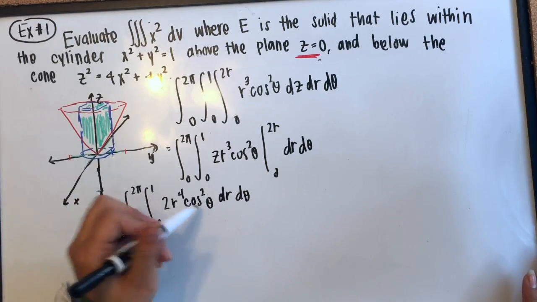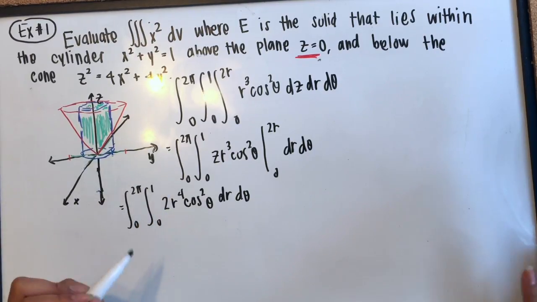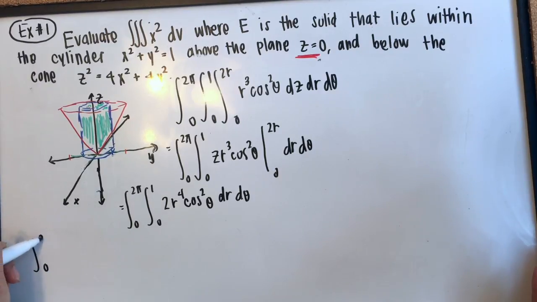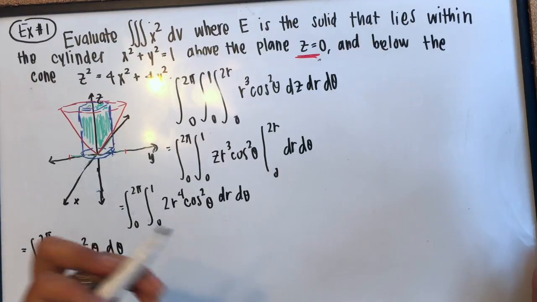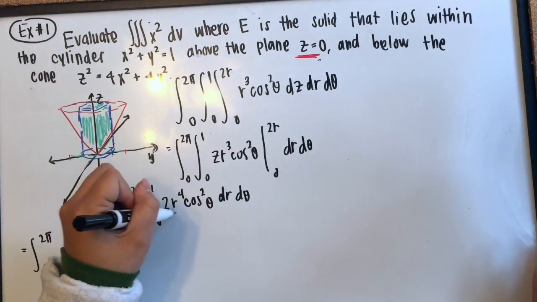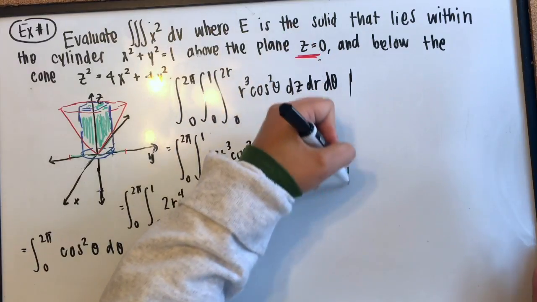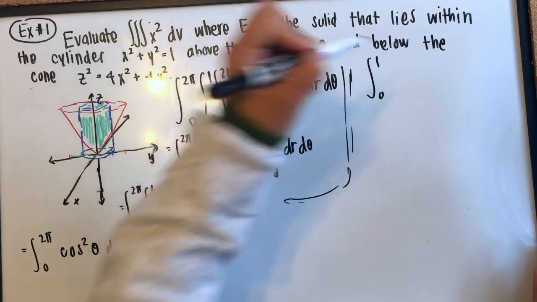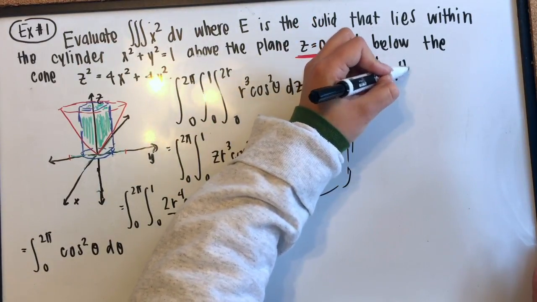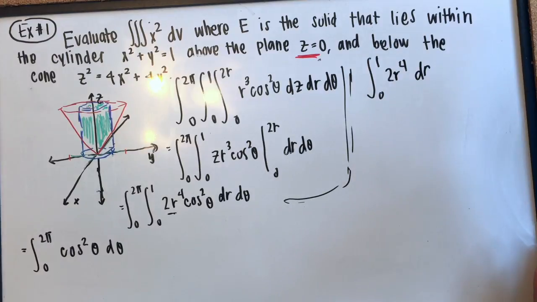So here, we can separate the integrals to make it easier to evaluate. So we're going to separate: 0 to pi, we get d theta. Let's do r here, from 0 to 1, 2r to the 4th power dr. But this is going to be more work, so let's actually switch.